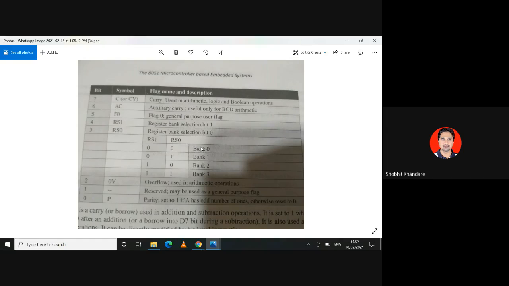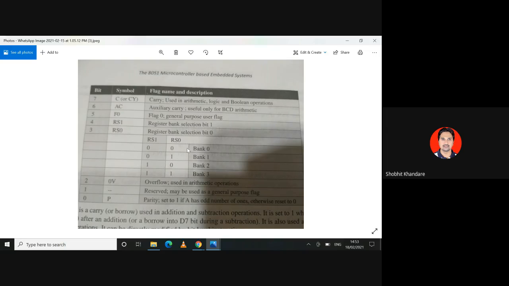If I want to select bank 1, then RS0 will be 1 and RS1 will be 0. If I want to select bank 2, RS0 will be 0 and RS1 will be 1. If I want to select bank 3, RS0 will be 1 and RS1 will be 1. So these 2 bits help us to select any one bank from the given 4 banks.